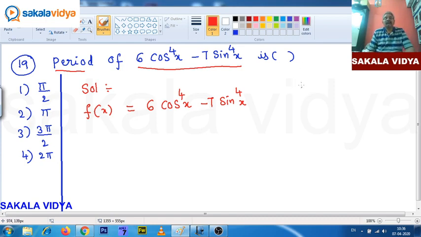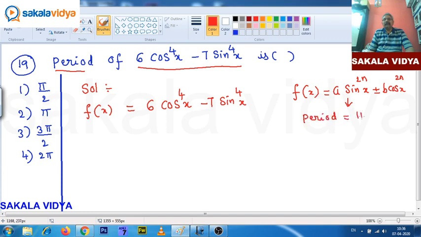For example, if f of x is equal to a sin x to the power of 2n, 2n is an even number, plus or minus b cos x to the power of 2n, then its period is equal to pi.